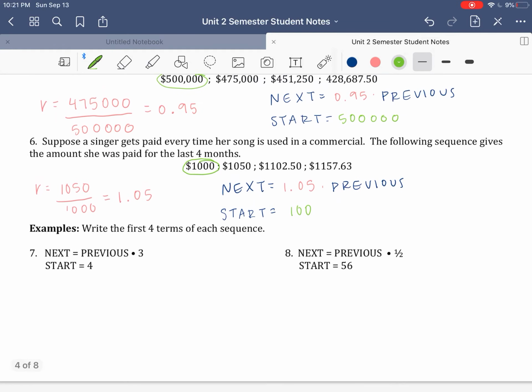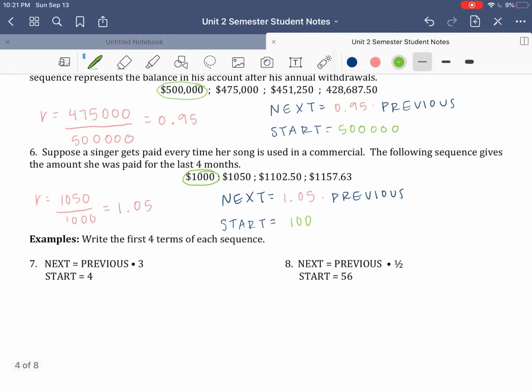All right, last two examples for you. We are given the equations and we actually want to write out the sequence based on the information we're given. So these ones do have that multiplication at the end, but I can still pick out the pattern quickly. We start at 4 and we multiply by 3 every time. So my first number is 4. Remember, when it gives you the start number, that's where you start.